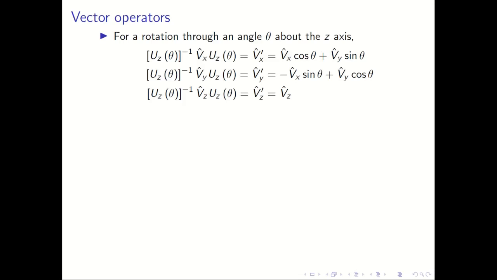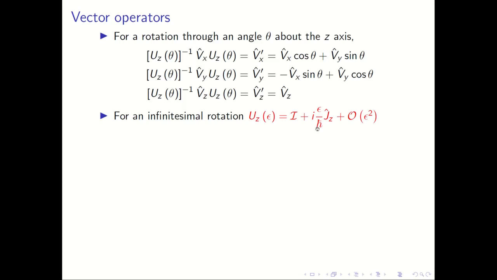Now this happens for an arbitrary angle of rotation about the z-axis. What happens if I make θ infinitesimally small? We know that in that case, for very small θ, which we are calling ε here, U_z(ε) is basically the identity, which is what you would get for no rotation at all, plus a linear correction term which we have all seen before.